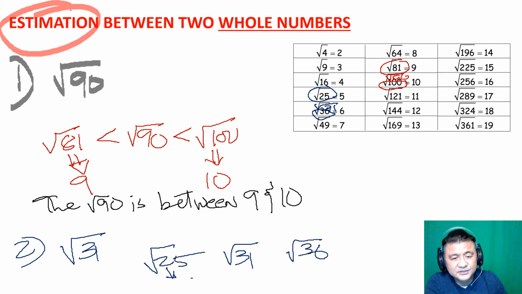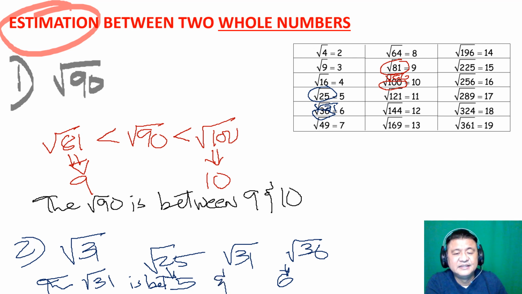But we know this is 5, this is 6. So what can you say? That the square root of 31 is between 5 and 6.